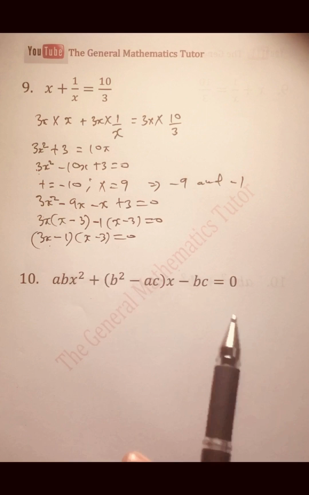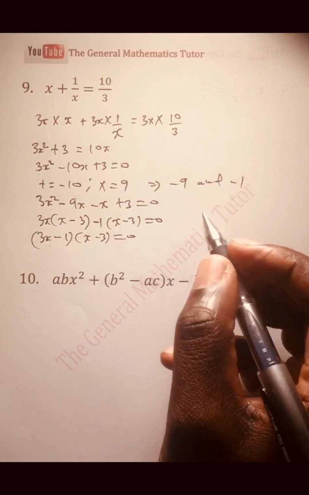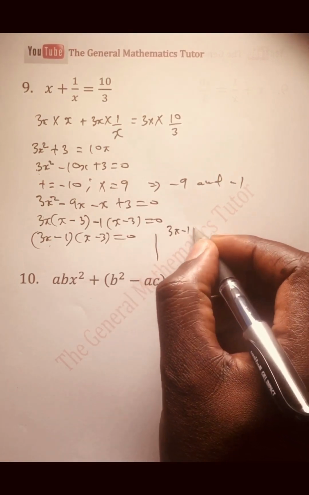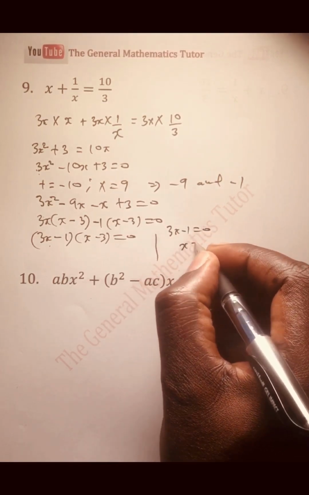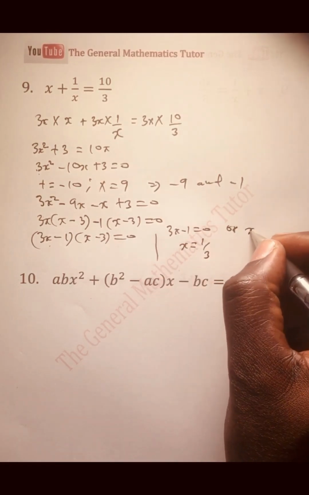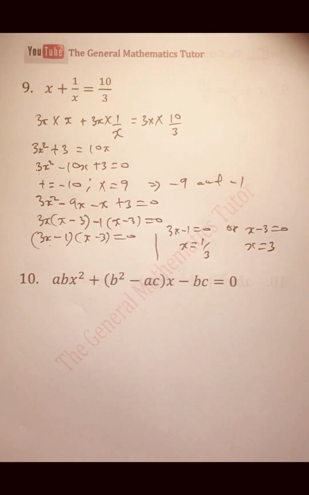So for the product to be 0, it means that either of the terms is 0. So we could take that 3x minus 1 is equal to 0, so that x is equal to 1 over 3, or we could take that x minus 3 is equal to 0, so that x is equal to 3.